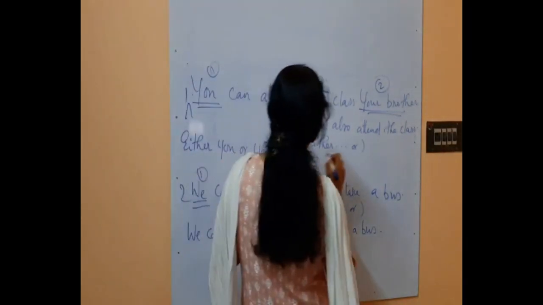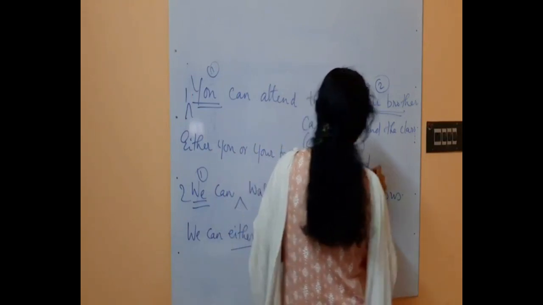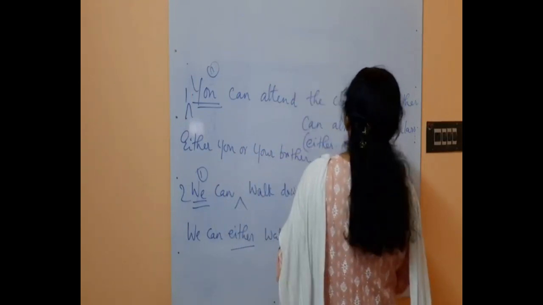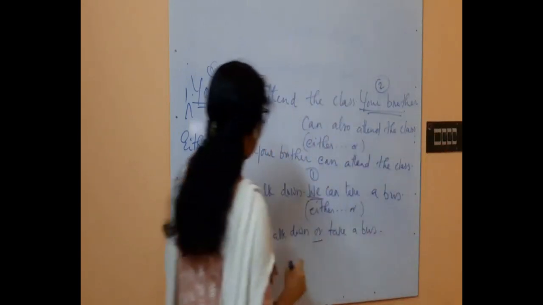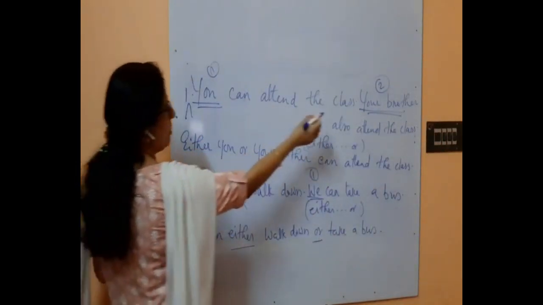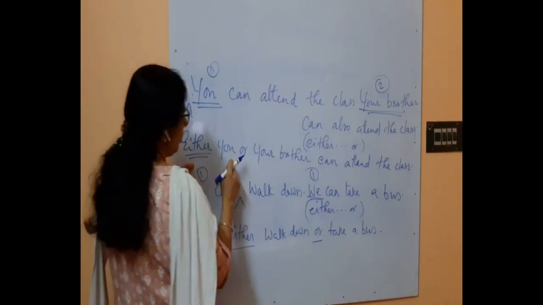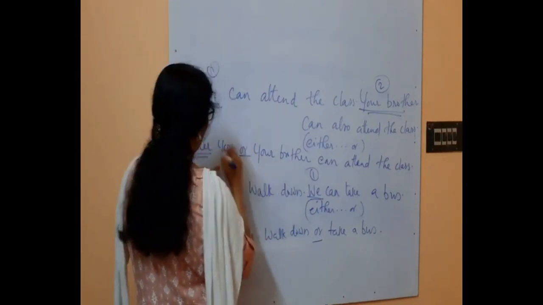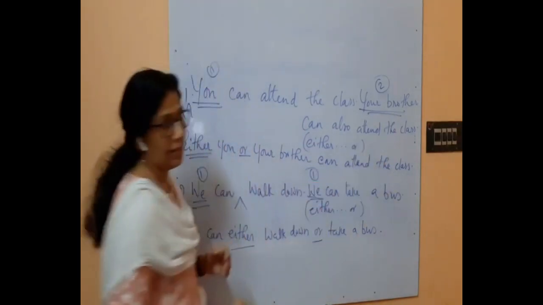Either you or your brother can attend the class. As it is a modal auxiliary, there is no change. Here both the subjects are different, so we have started with the conjunction: either you or your brother can attend the class.